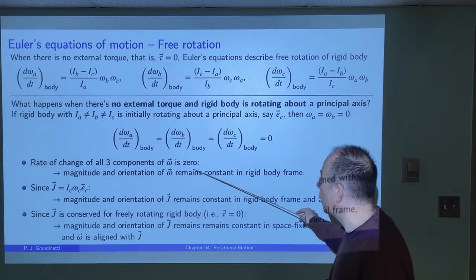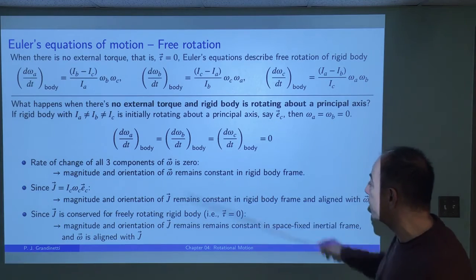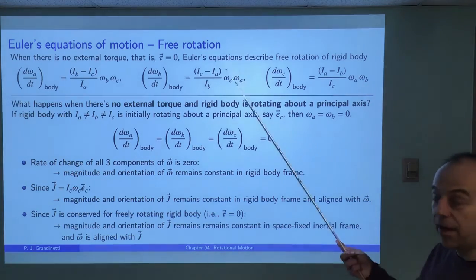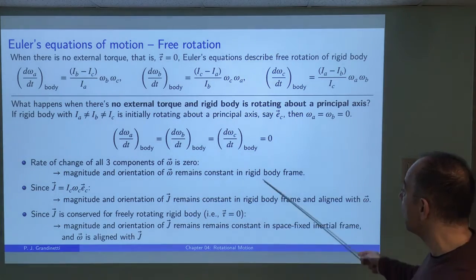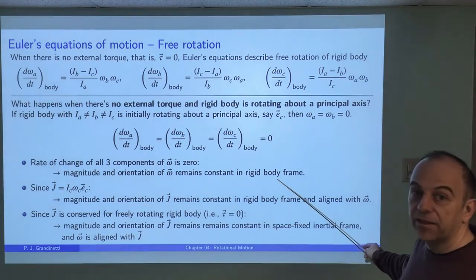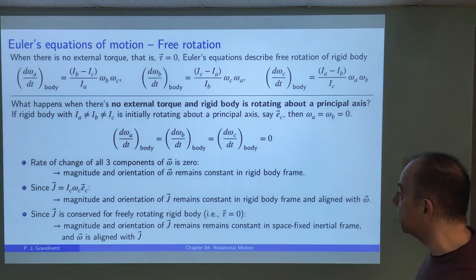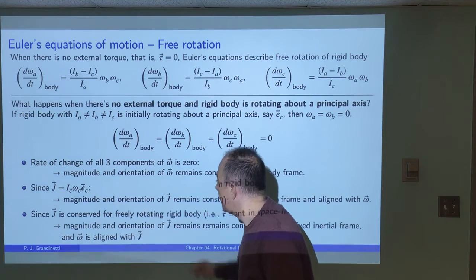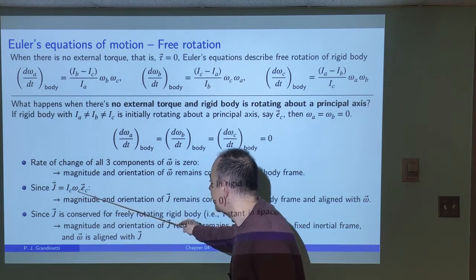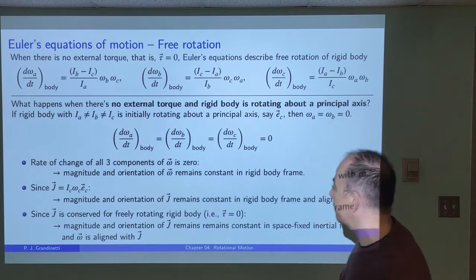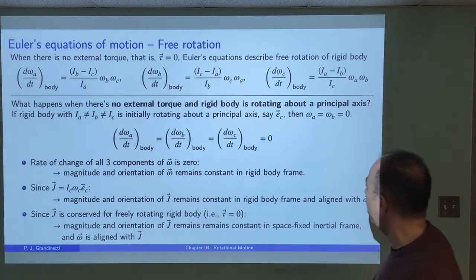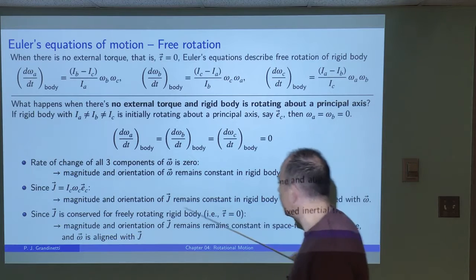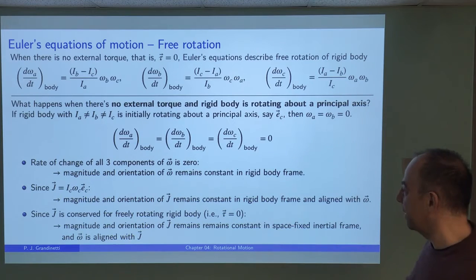The rate of change of all three components is zero, so the magnitude and orientation of the omega angular velocity vector remains constant in the body fixed frame, in the rigid body frame. And of course, since J is equal to I_C omega_C along the C vector, since that's the only component we have, then J is going to be time independent.